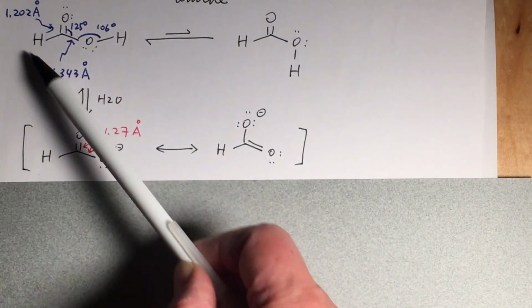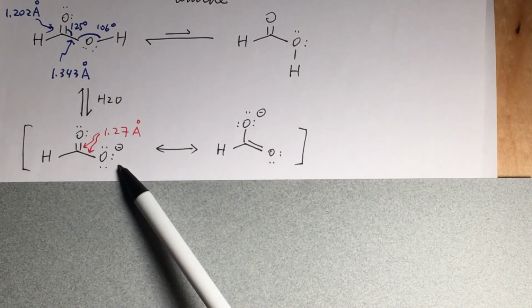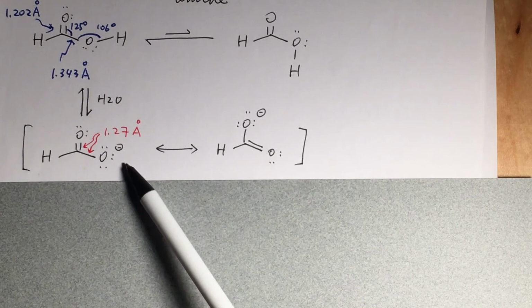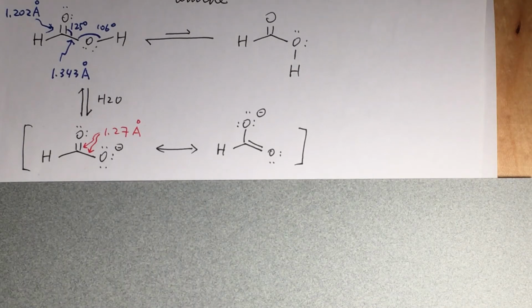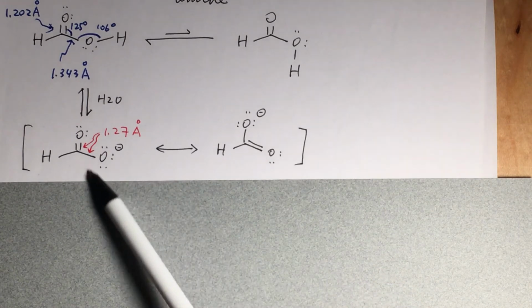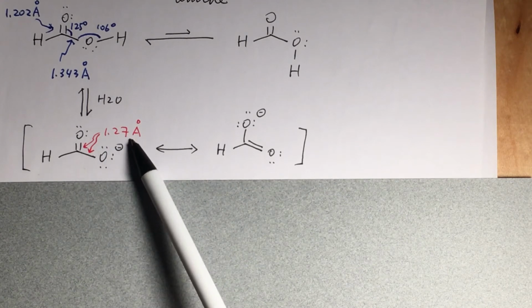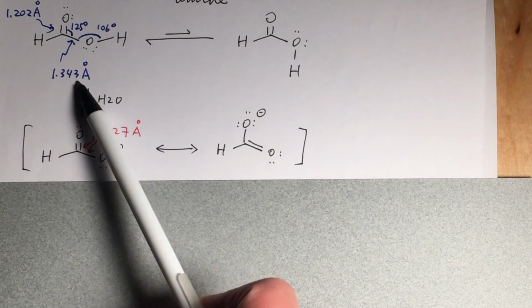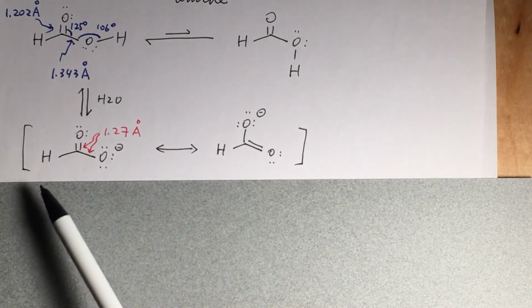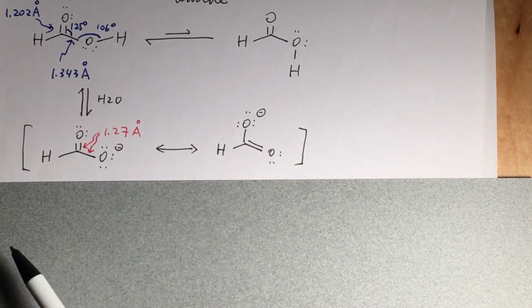Deprotonating the formic acid generates the corresponding conjugate base, and that's referred to as the formate. Okay, ate is the suffix for many of the anions. Once the formic acid is deprotonated to formate, the carbon-oxygen bonds become identical in bond length, 1.27 Angstrom, shorter than the 1.343 for the typical C-O single bond, and longer than the 1.202 for the typical carbon-oxygen double bond.